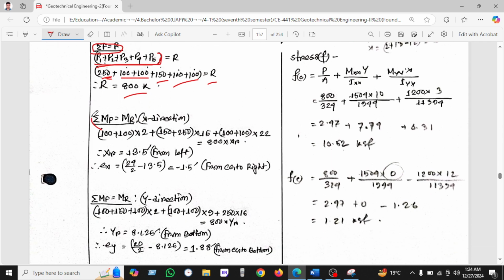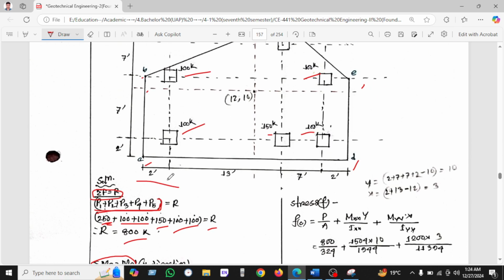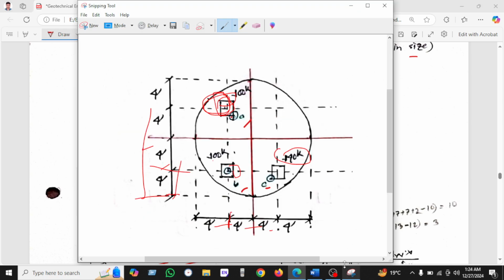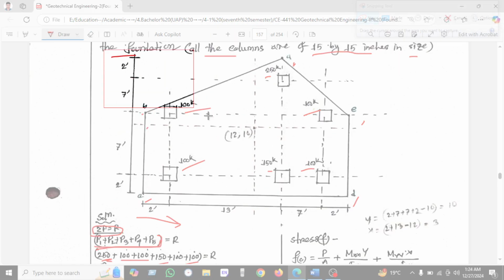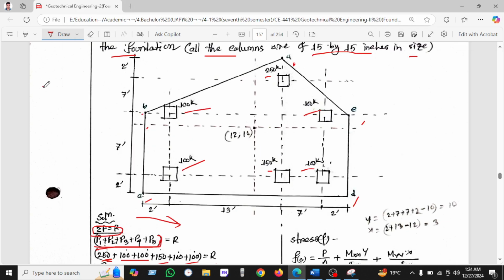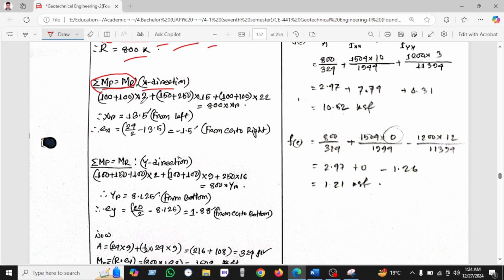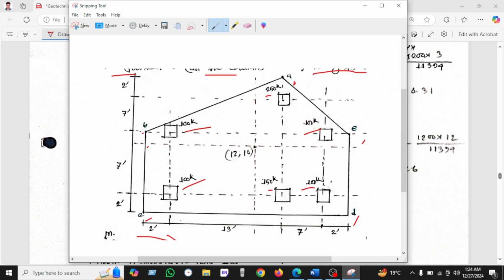So now we'll apply moment equal to resisting moment in the x direction. This is the x direction we will be taking. So x direction: 100 into 100 plus 100 into 2. At first we are taking this 100 into 100 into 2, x bar equal to 2.